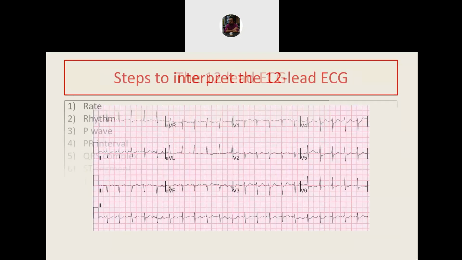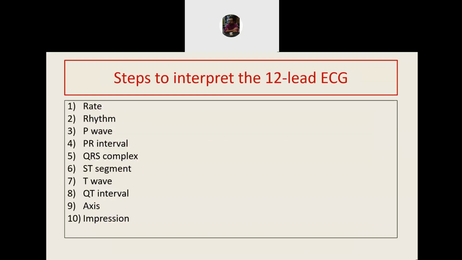So now we will go into the steps of interpretation of a 12 lead ECG. You first find out the rate, the rhythm, then comment on the P wave, the duration of the PR interval, the duration of the QRS complex.